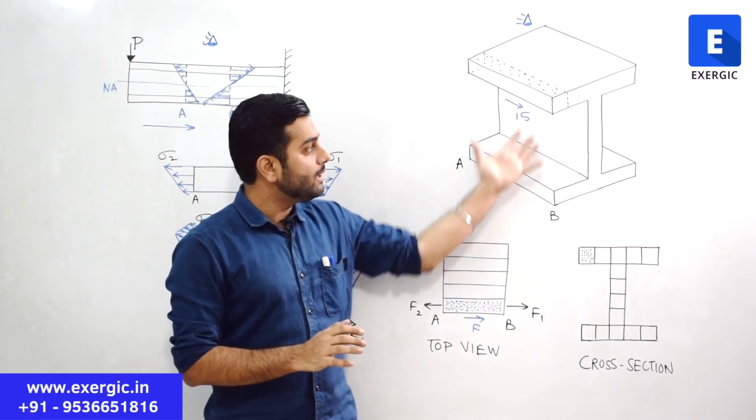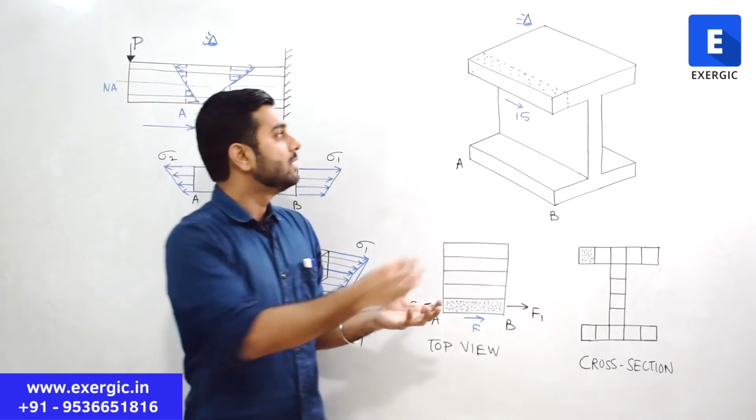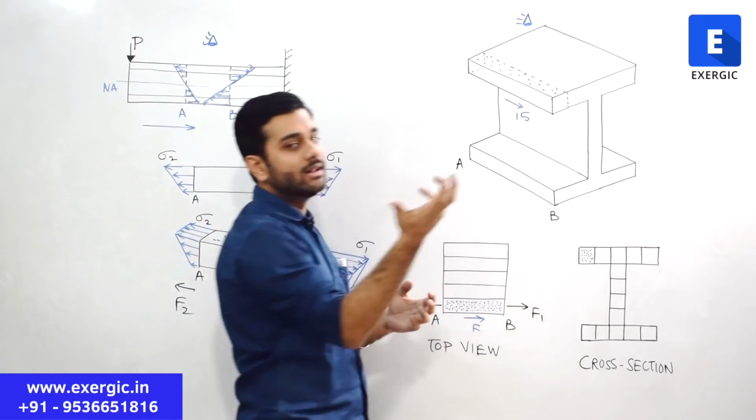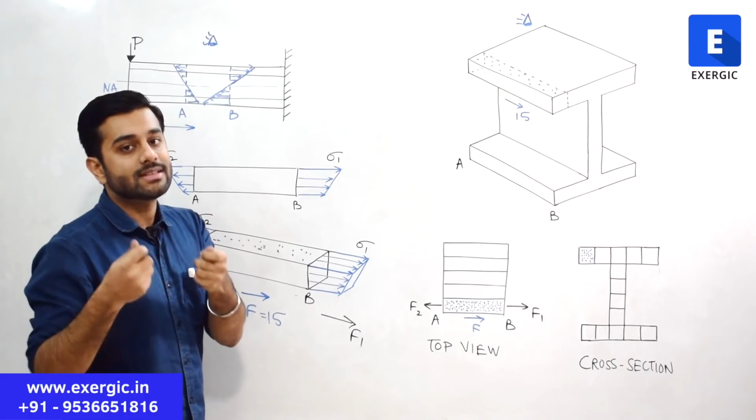So if this whole beam is in static equilibrium, this cube or cuboid or fiber will also be in static equilibrium.